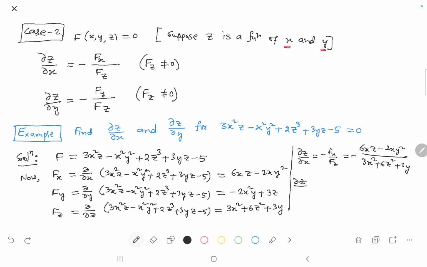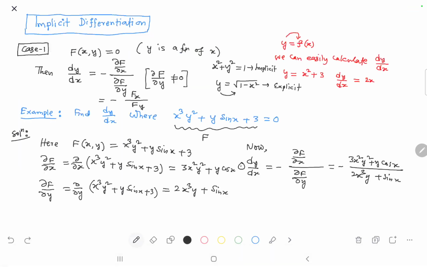What is del z del y? You have the formula minus fy over fg. So this is minus of minus 2x square y plus 3g, divided by 3x square plus 6g square plus 3y. Okay, Mayan, clear? Yeah. Okay.